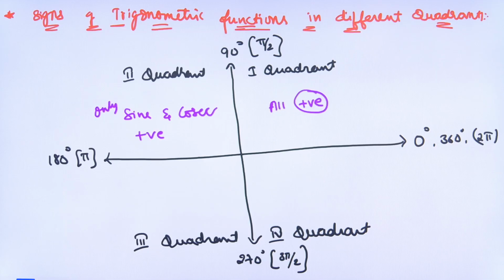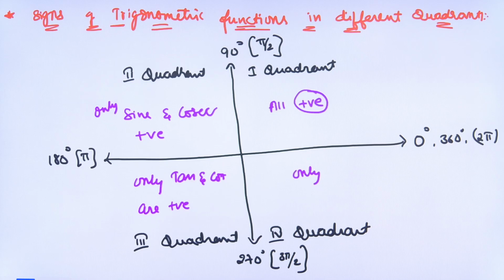Only these two will be positive. Okay. In third quadrant, only tan and cot are positive, remaining all will be negative. Okay, in third quadrant. In fourth quadrant, see, sine cosecant completed, tan cot completed.